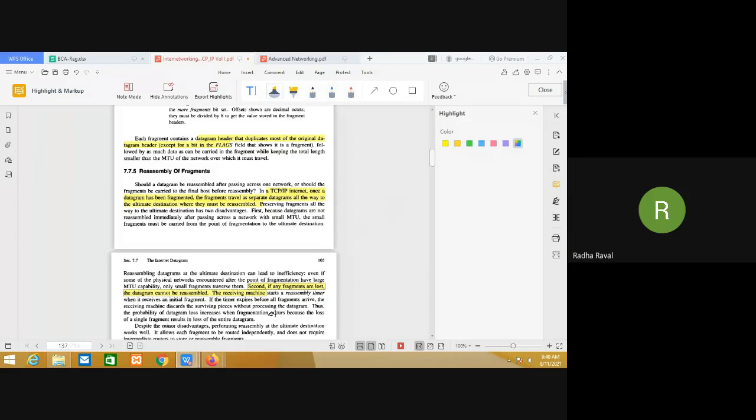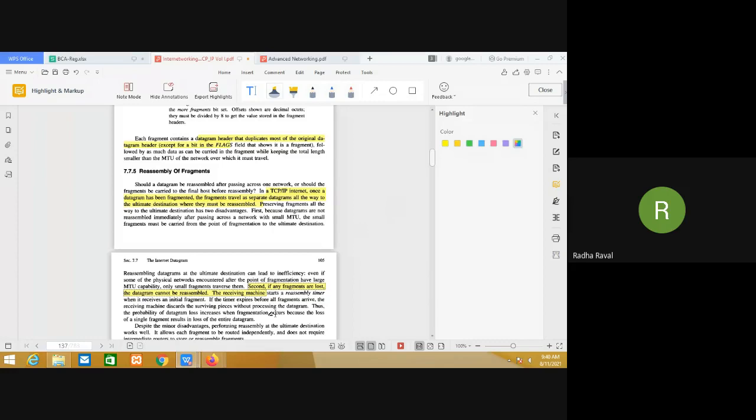When the first fragment comes to the destination, the receiving machine, the destination, has a timer. In that time all the fragments should come to the destination. If the timer expires before all fragments arrive, the receiving machine discards the surviving pieces without processing the datagram. So there is a timer of some seconds or minutes, and in that time all your fragmented parts should arrive at the destination.